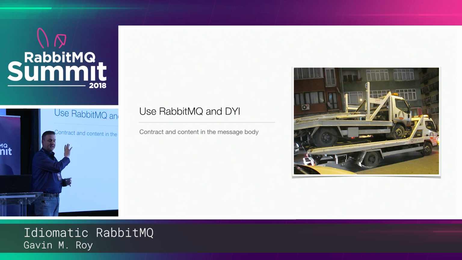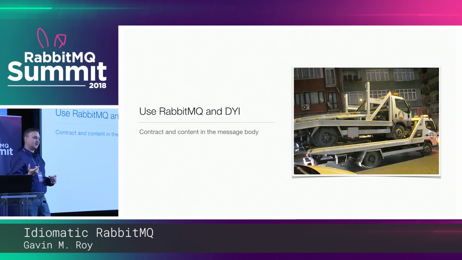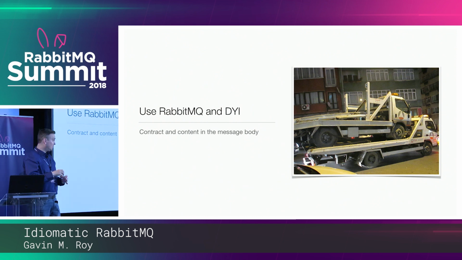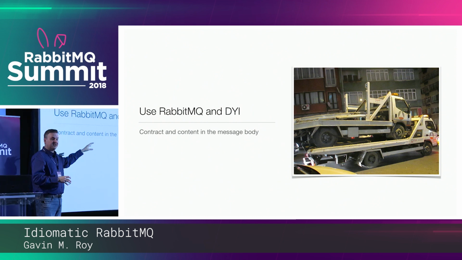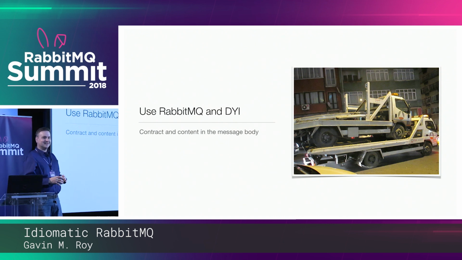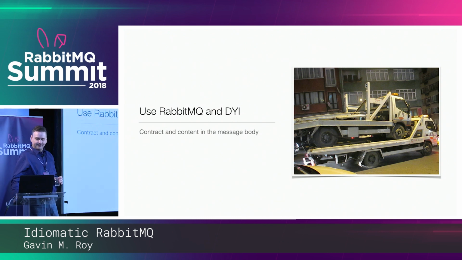The same thing I've seen in multiple RabbitMQ environments where we may have a JSON payload that provides context around the message and the message itself. So as the picture kind of says, you end up building a tow truck that's sitting on top of another tow truck when RabbitMQ provides all that for you.